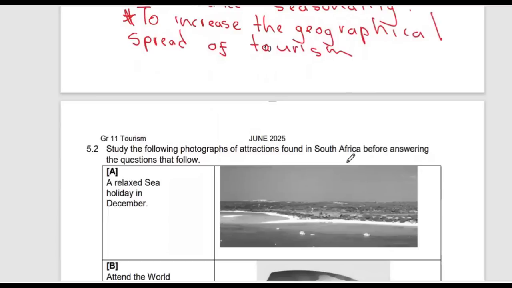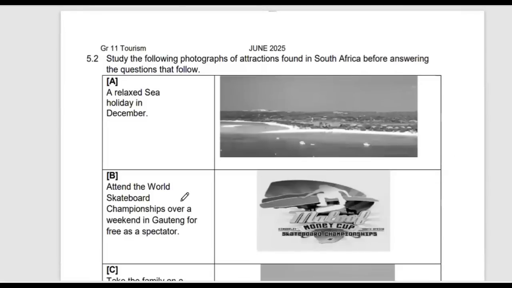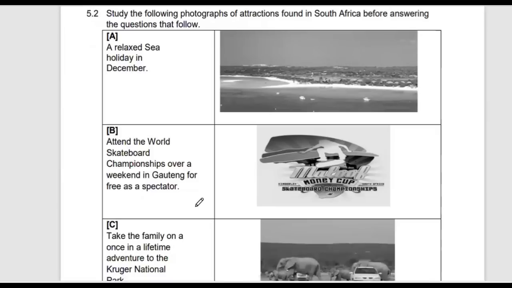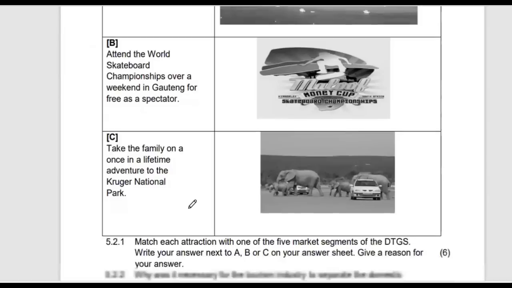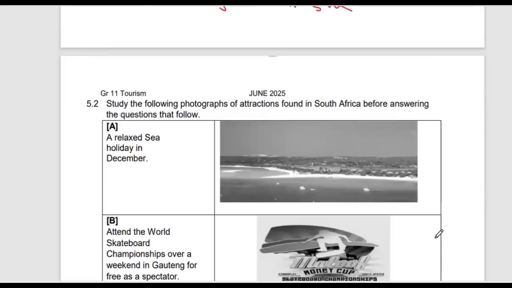All right, so here we have different photographs of attractions in South Africa. So a relaxed sea holiday in December. Attend the World Skateboard Championships over a weekend in Gauteng for free as a spectator. Take the family on a once in a lifetime trip to the Kruger National Park. So for the first one, a relaxed sea holiday in December, perhaps this one can be for seasoned travelers.